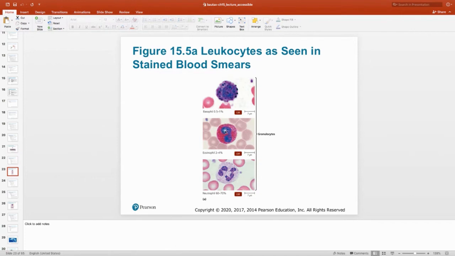They're roughly the same size, the basophil, the eosinophil, and the neutrophil. This talks about their relative abundance in normal white blood cell amounts.